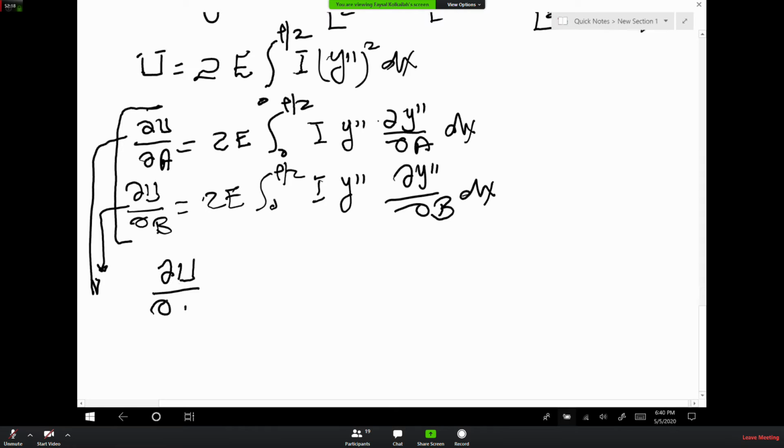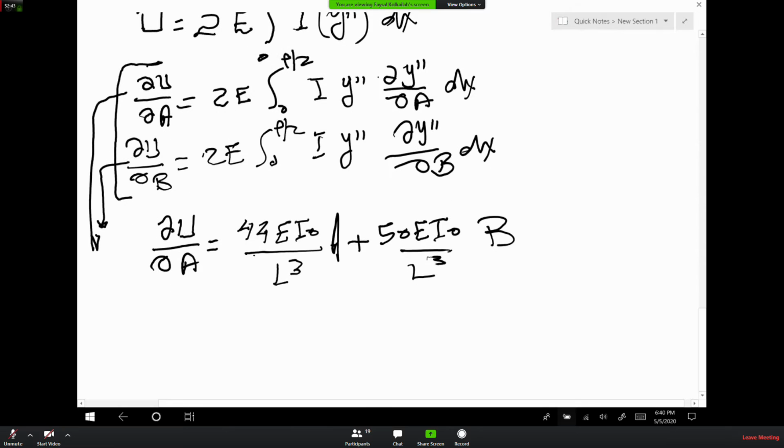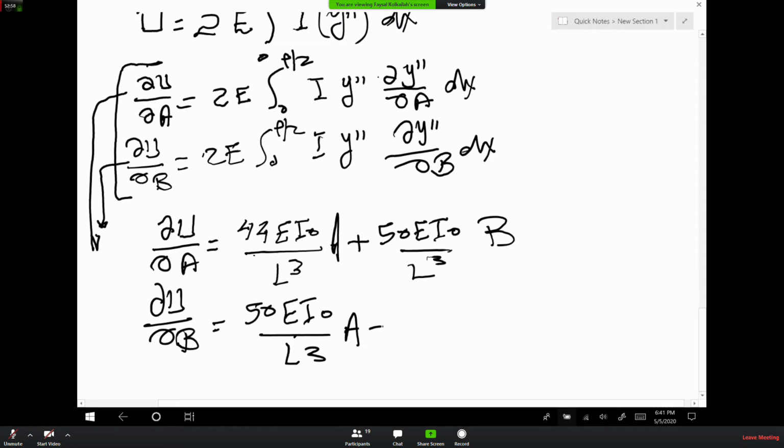Partial u, partial a will be, here is the final answer, 4EI0 over L cube A plus 50 EI0 over L cube B. And partial u, partial b will be 50 EI0 over L cube A and 3,100, if I didn't make a mistake, EI0 over L cube B.